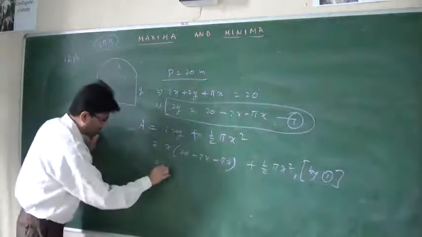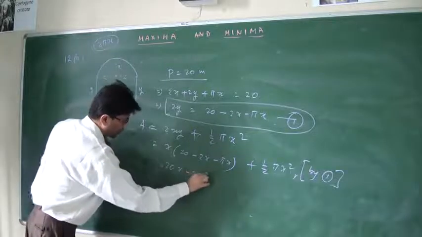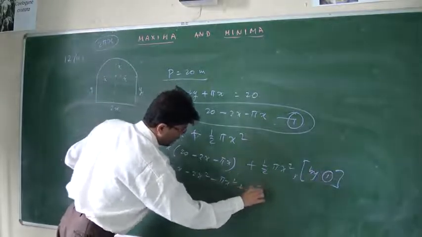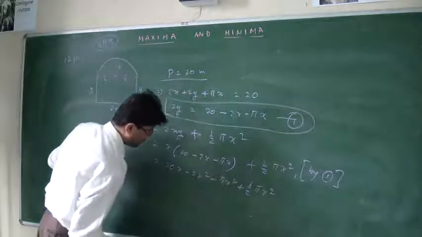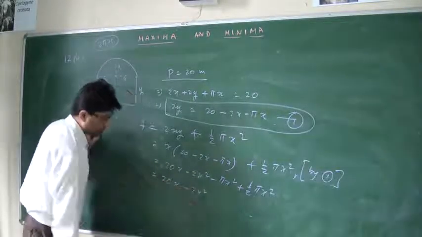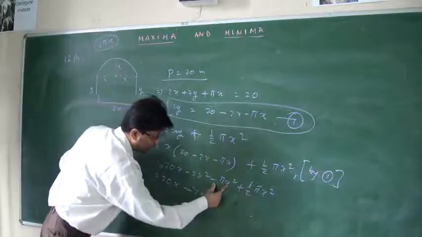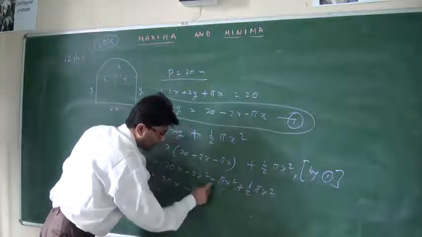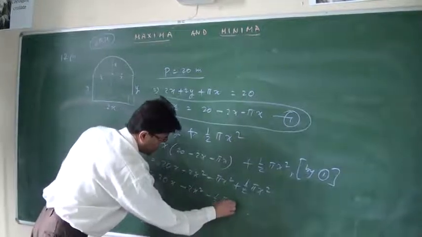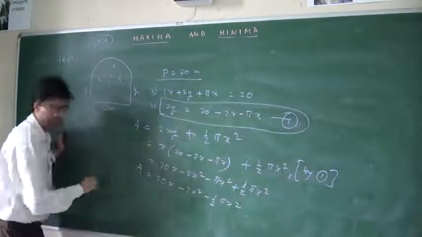If we simplify, I am getting 20x minus 2x square minus pi x square plus half pi x square. Simplifying further, 20x minus 2x square, minus pi x square plus half pi x square, minus 1 plus half is minus half, so minus half pi x square. This is the area function.